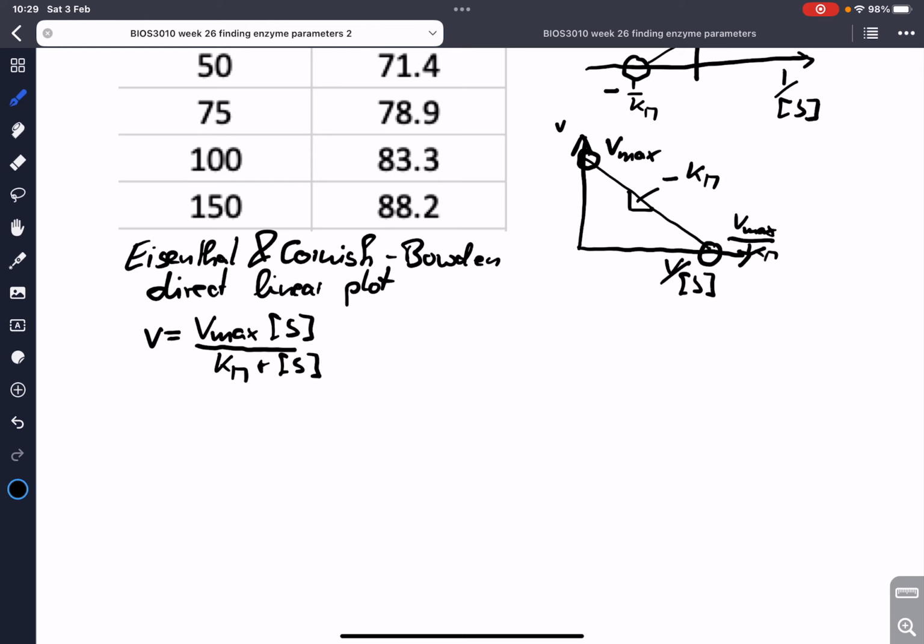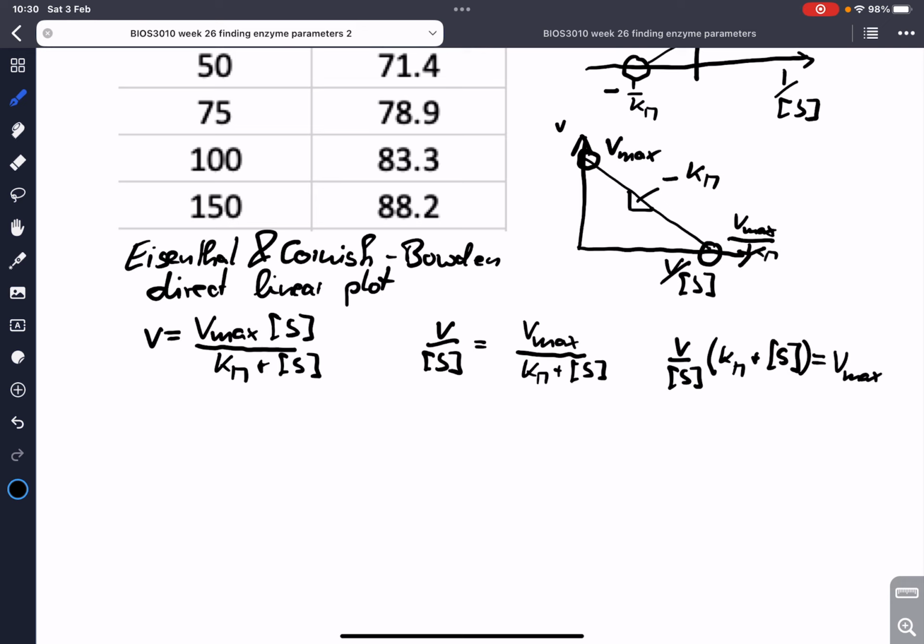They divided both sides by S, so we get V over S equals Vmax over Km plus S. And then we bring the denominator to the other side, and we end up with V over S times Km plus S equals Vmax.